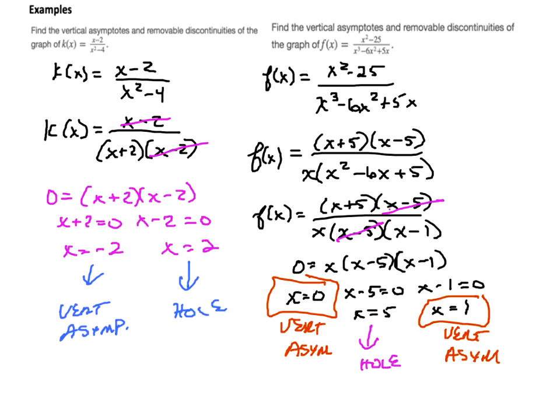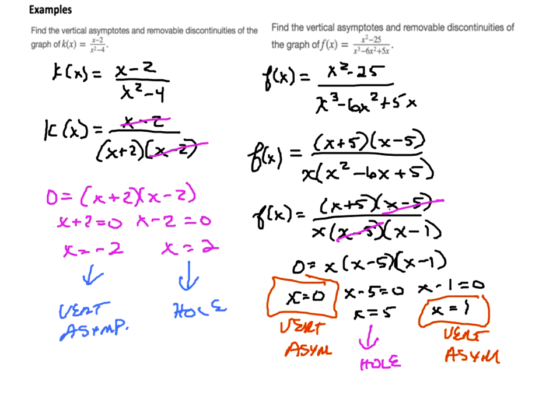Let me just make sure that I have my Desmos calculator pulled up. Give me just a moment. Okay, there it is. All right, and I need to write down that equation so that I know what I need to graph. x squared minus 25 over x cubed.